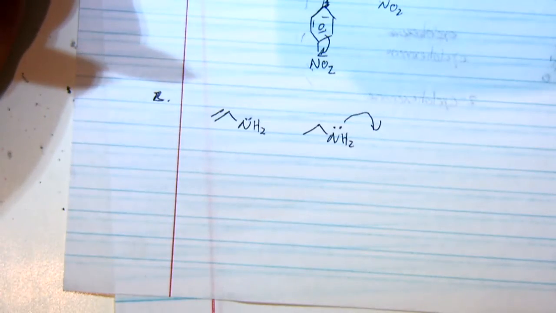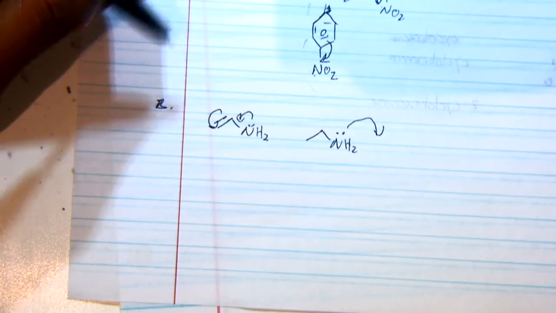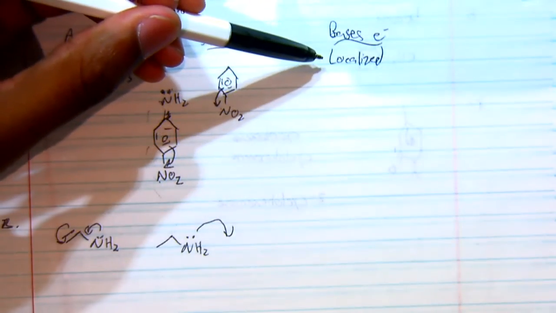If my lone pair has to act as a nucleophile in a way, act as a base, it'll have to go and attack stuff, right? Does that make sense? But if it can participate in resonance, it's not going to be there all the time, right? So it's not going to be localized.